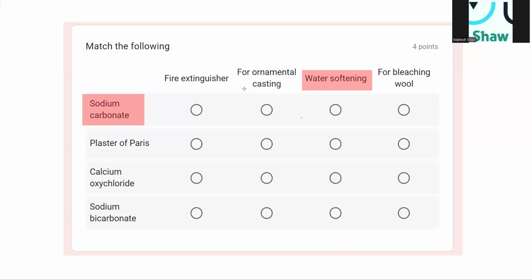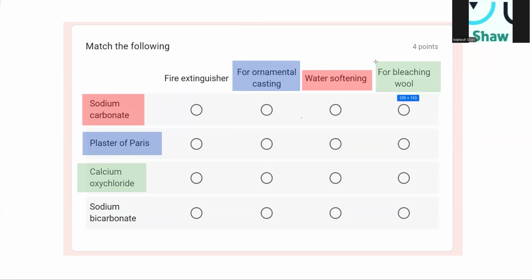Then we have studied plaster of Paris, POP, which is used for ornamental casting. Then calcium oxychloride is bleach actually. So we can say that it is used for bleaching. Calcium oxychloride is also known as bleaching powder.